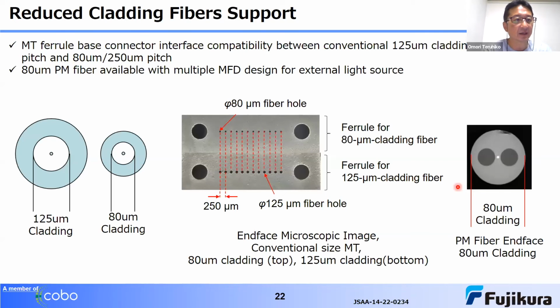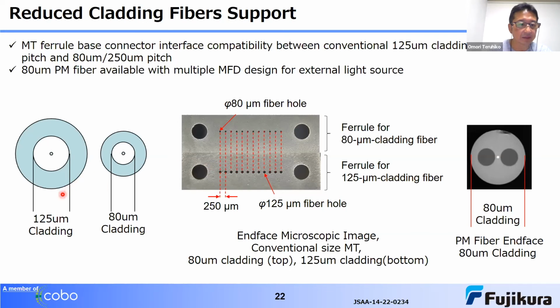And this slide shows reduced cladding applications. MT ferrule based connector interface compatibility between conventional 125 micron cladding with 250 micron pitch and 80 micron cladding with 250 micron pitch.